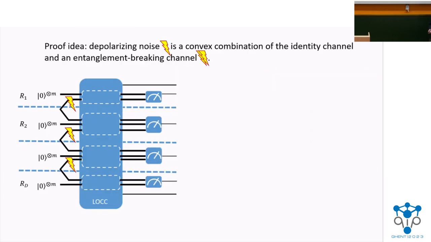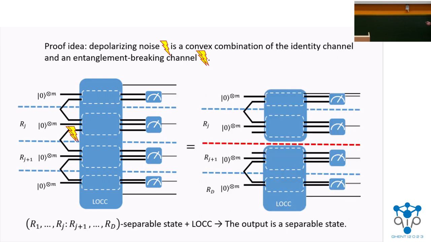The proof idea is the following. We consider depolarizing noise on pre-shared Bell pairs, and we know depolarizing noise is a convex combination of the identity channel and an entanglement breaking channel. I visualize depolarizing noise as a single flash here. And we consider, what if there are Rj and Rj plus 1 such that all the pre-shared Bell states are affected by the entanglement breaking channel?